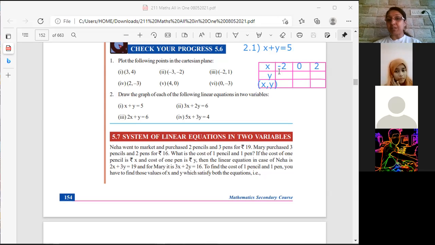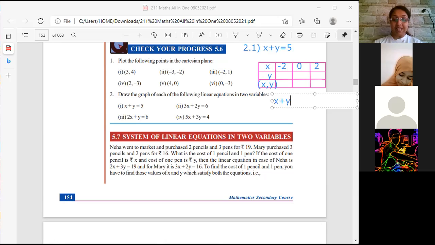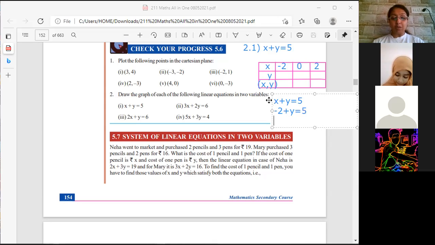Now whatever coordinates for x I have taken, I will do the working with this equation, and I am going to find the y coordinate. Starting with the first one, x plus y is equal to 5. So what have I assumed my x to be? I have assumed it to be -2. So I write -2 plus y is equal to 5. So y is equal to 5 plus 2.